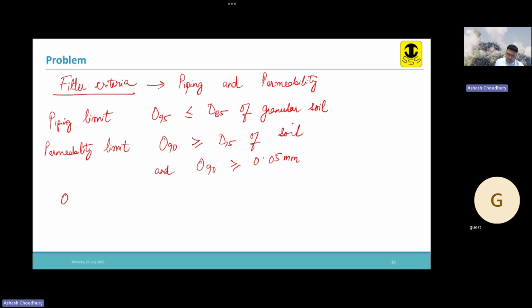Now for us, O90 is how much? It is 150 microns, so 150 microns means 0.15 mm. And O95 is 230 microns. Now we need to find out the D85 and D15 of the soil.